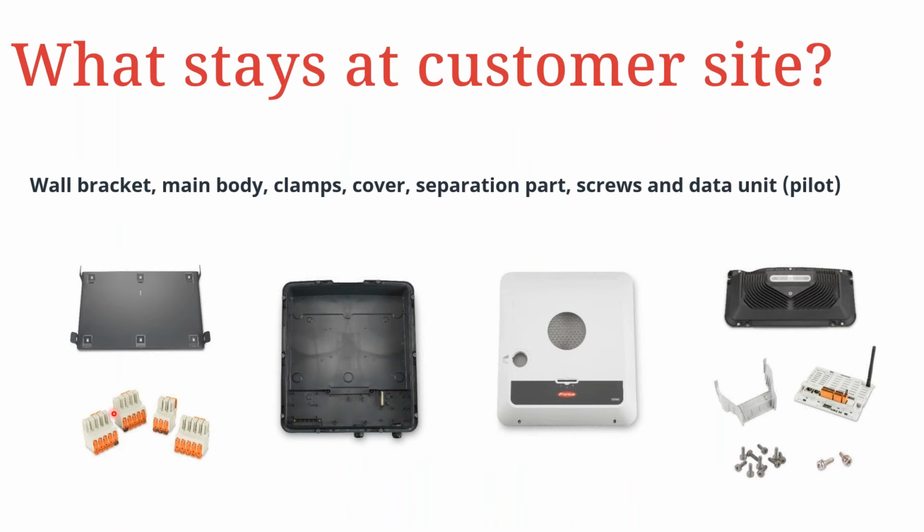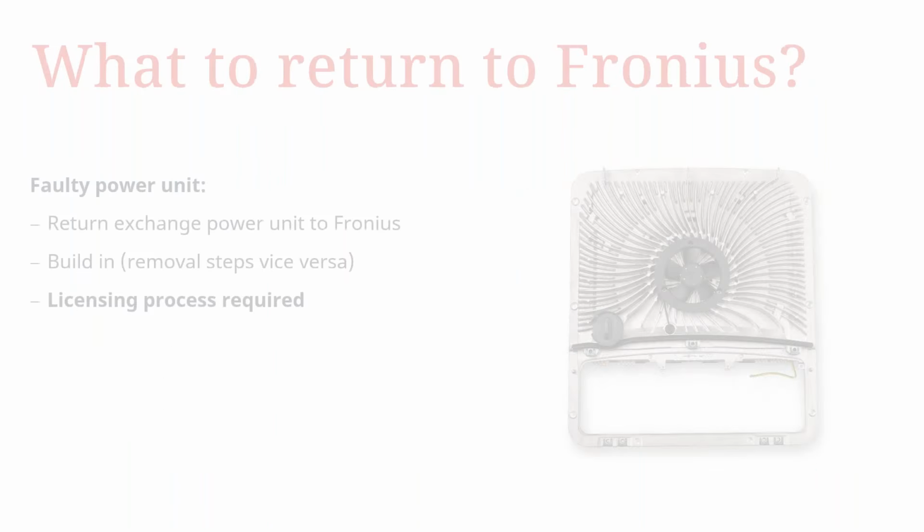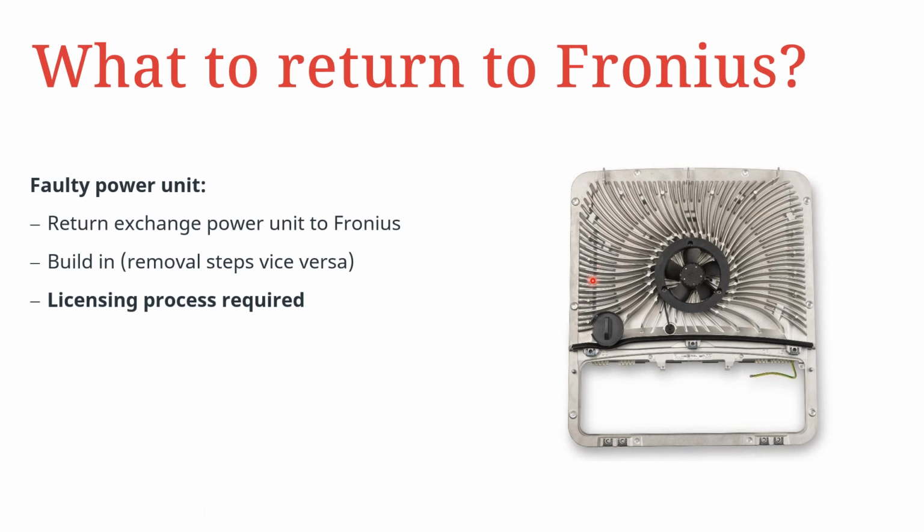What stays at the customer site is the wall-mount bracket, the Vago clamps, the inverter casing, both back and front cover, the DATCOM cover, the pilot protector, and the connection or termination screws. Good. So now we have the power unit, of which the faulty parts can be requested to be replaced, and subsequently replaced successfully.